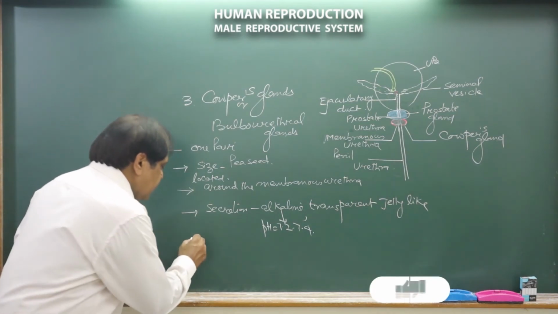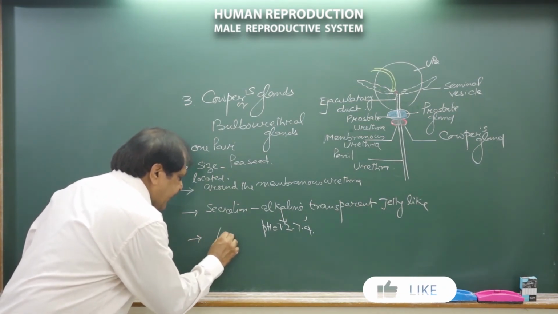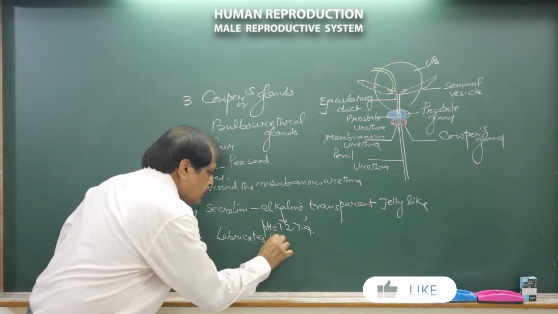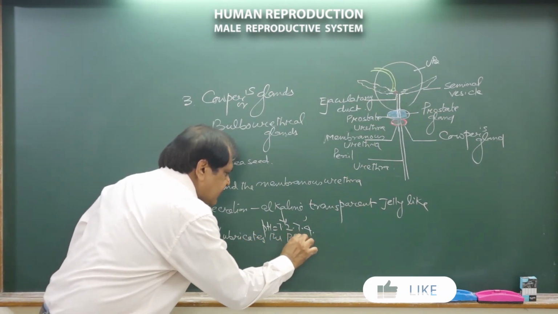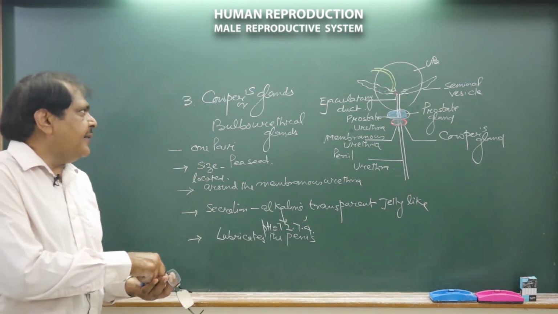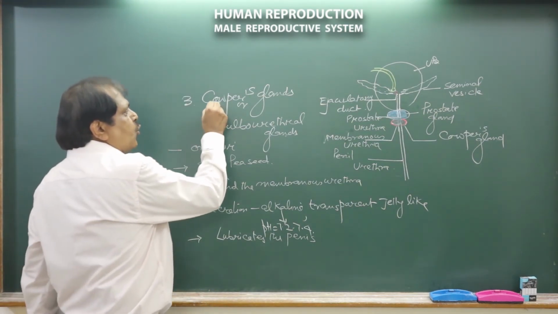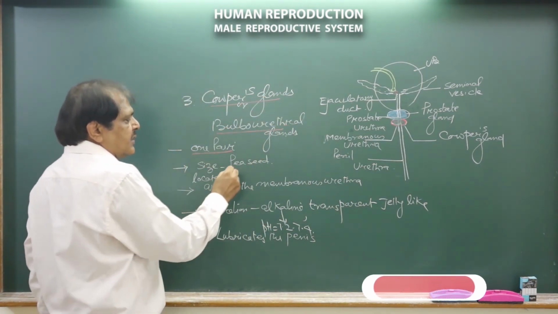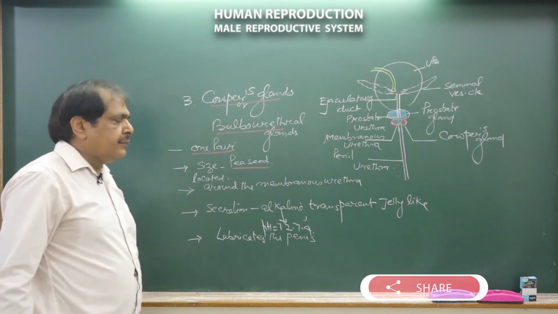What does it do? It lubricates the penis. Again, these are Cooper's glands, one pair, size of a pea seed.